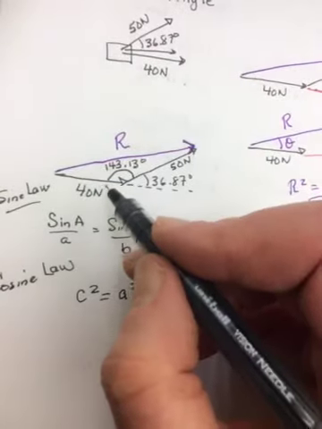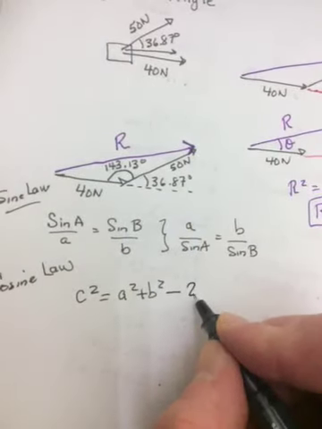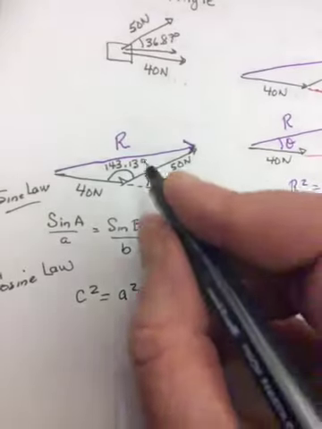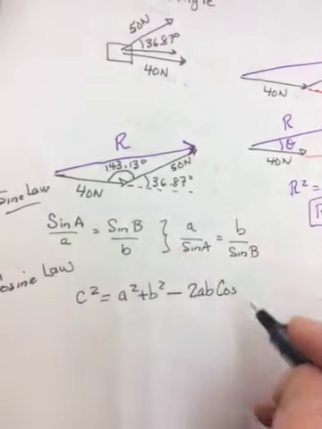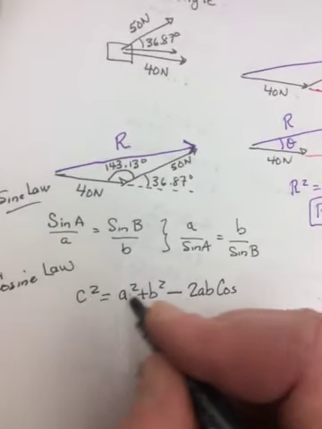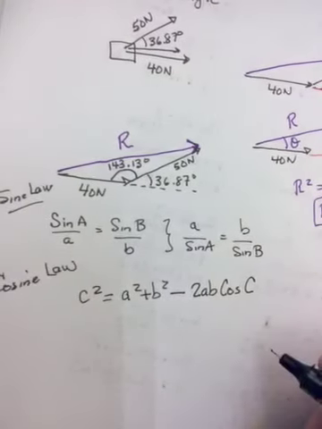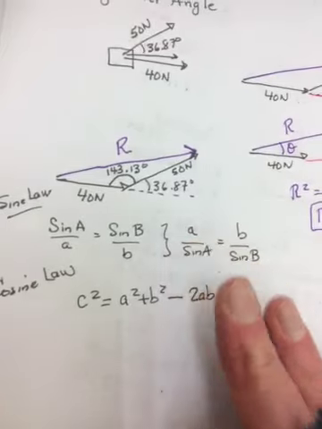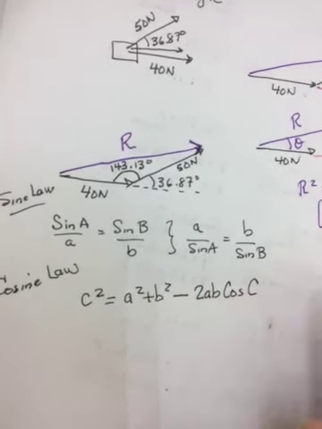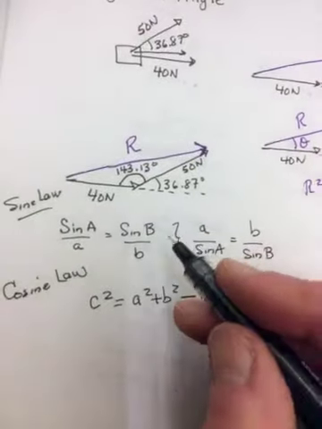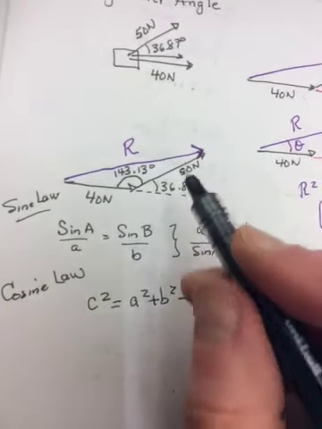What are you taking away? Well, you have two sides, so 2ab for the two sides, and it is the cosine law, so you should probably put a cosine in there, and it's always the angle opposite the side you're looking for. So if you think of it as Pythagorean Theorem minus the two sides you have and the cosine of the angle.